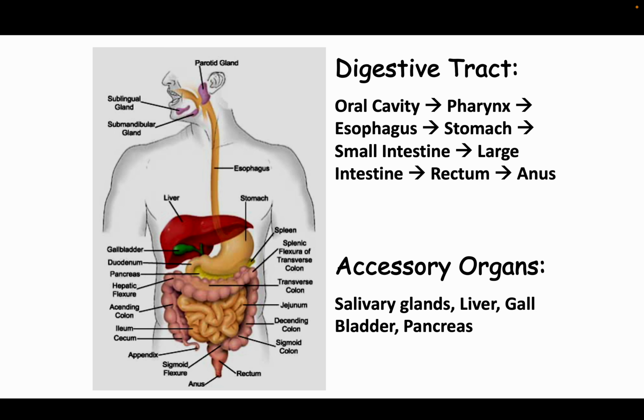Food does not go down that pathway. Food and liquid will enter into the mouth, travel through the pharynx and into the esophagus. The esophagus is a very strong muscle because it's going to propel the food via this peristalsis movement, and it takes the food into the stomach.